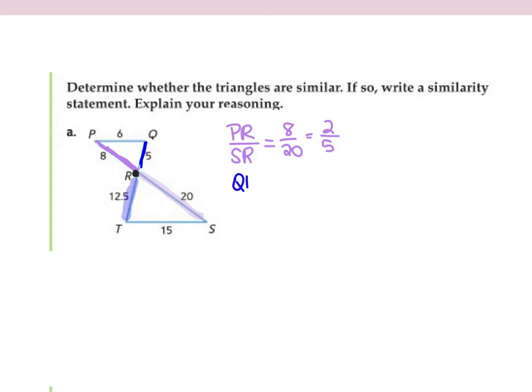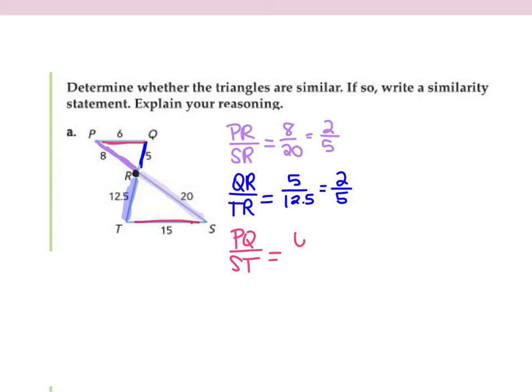Okay, so QR over TR is 5 over 12.5. When you reduce 5 over 12.5, you also get 2/5. Okay, and then last but not least, we have PQ over ST. So PQ over ST, that is 6 over 15. Reducing 6 over 15, we get a total of 2 over 5.